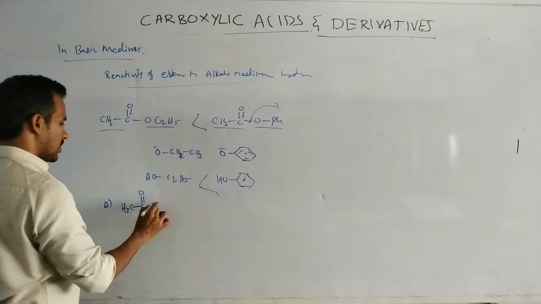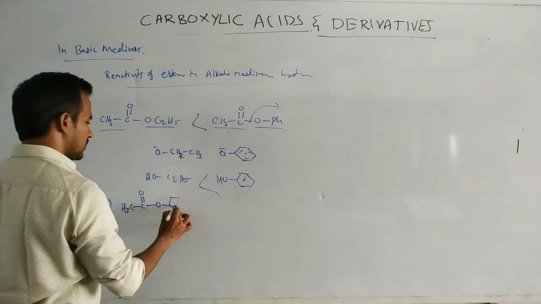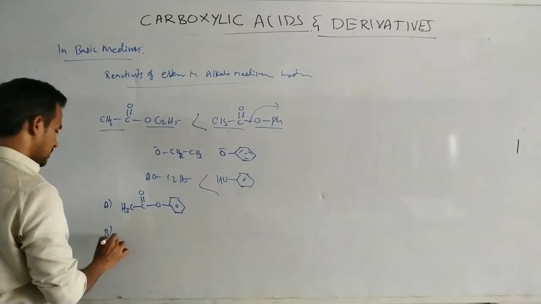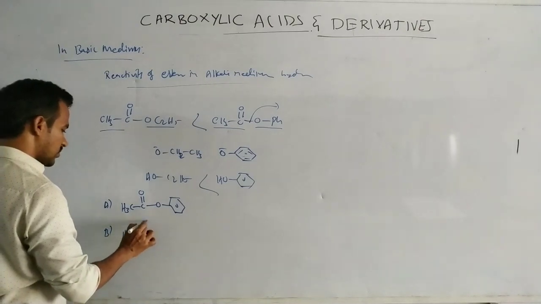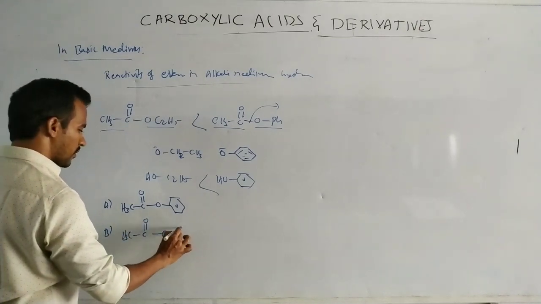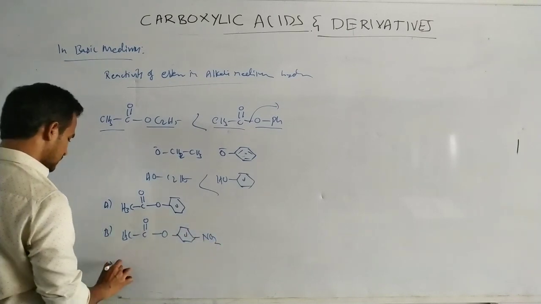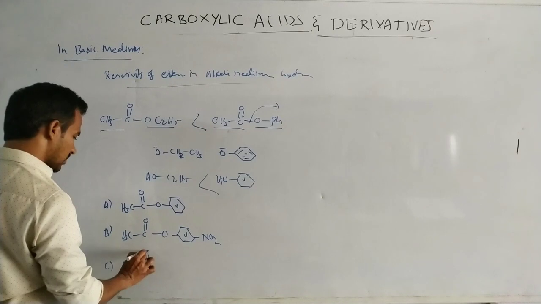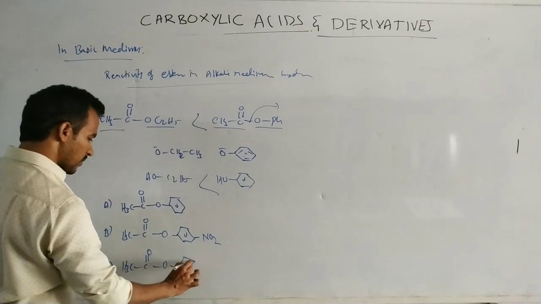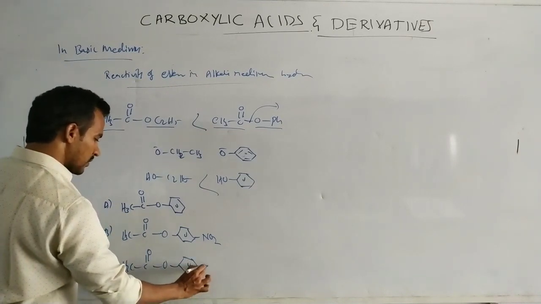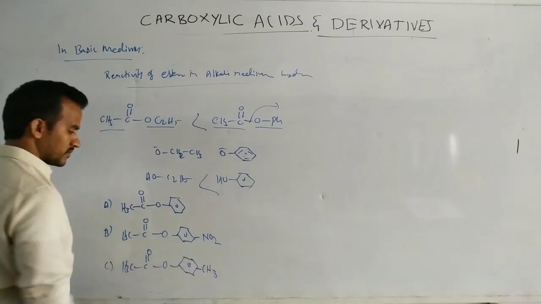Okay. First suppose A: CH3C=O with this benzene, B: CH3C=O with this NO2, C: CH3C=O with CH3.